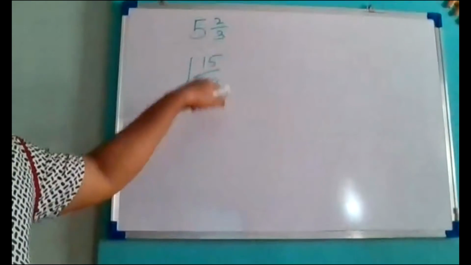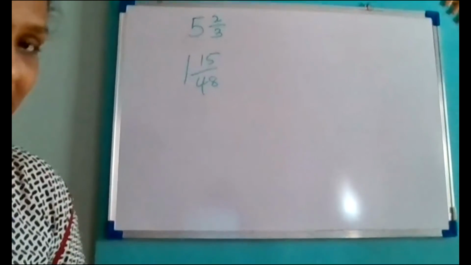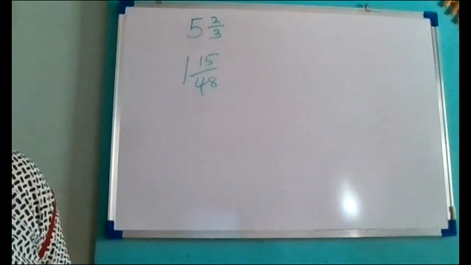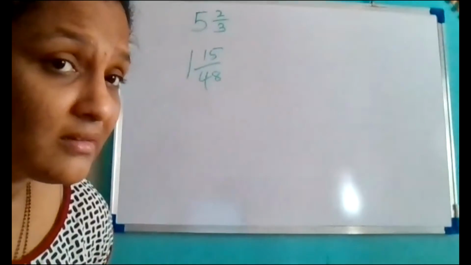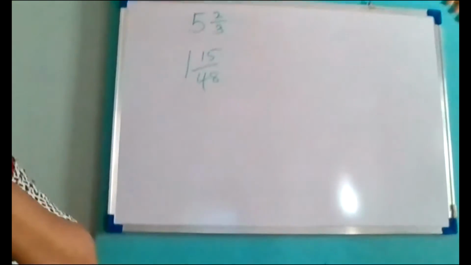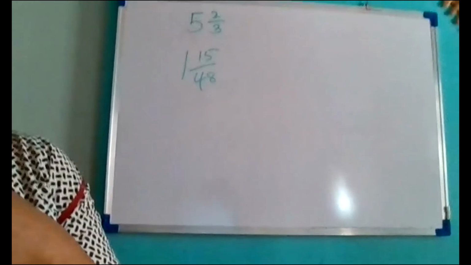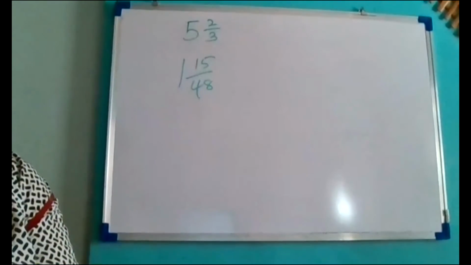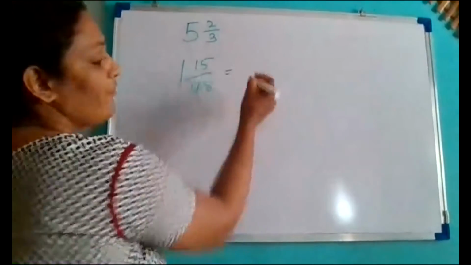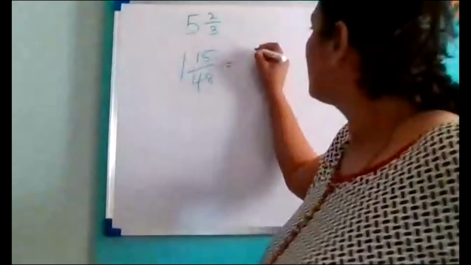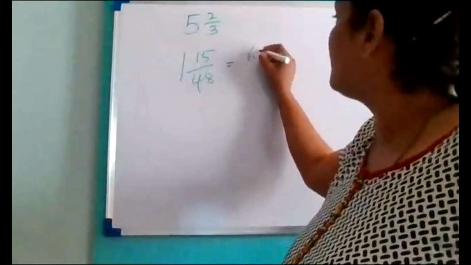Ma'am, the answer is 62 upon 48. 48 plus 15 is 63. The improper fraction for 1 and 15 upon 48 is 63 upon 48.